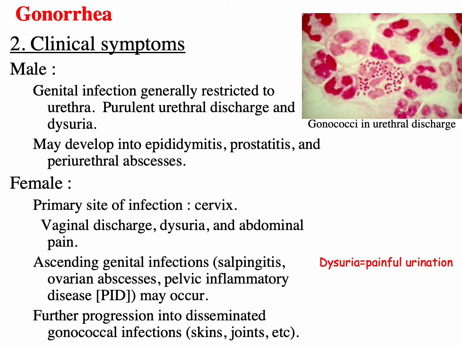In ascending genital infection, that can lead to salpingitis, which is infection of the fallopian tube, where the eggs come down to the uterus. Then the ovary can be infected, giving abscess, and more commonly you have pelvic inflammatory disease, or PID, very common with gonorrhea at the later stage of the infection. Further progression can lead to other parts of the body being infected, like the joints and so on.